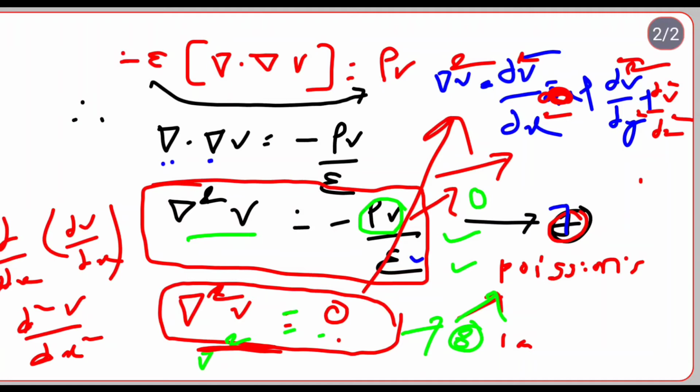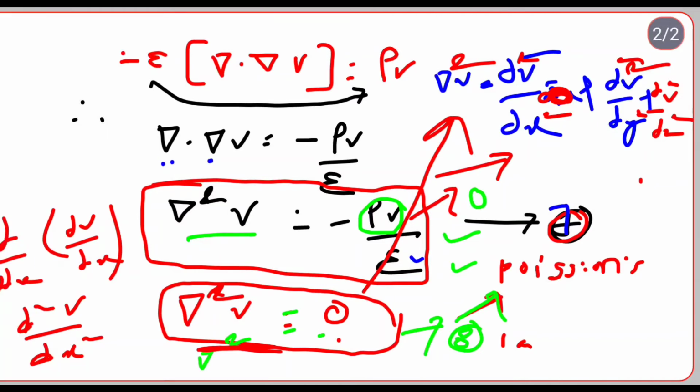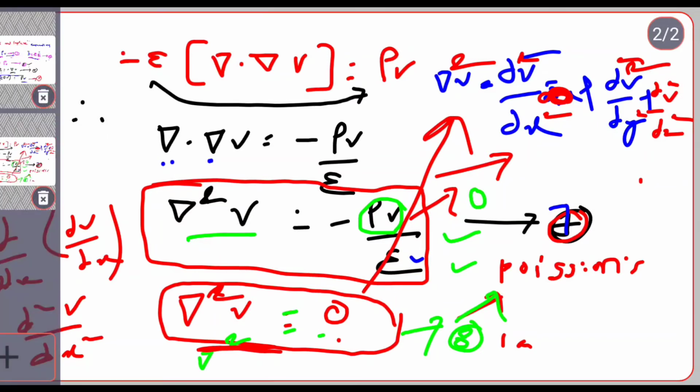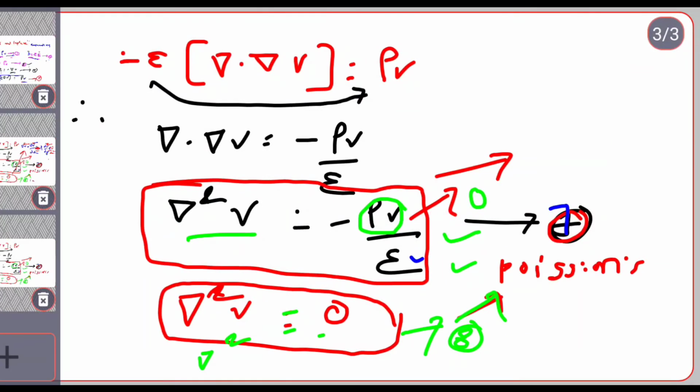Now we go for the potential V expressed in terms of three coordinate systems. Let us see how Laplace's equation is written in Cartesian form and in different coordinate systems.